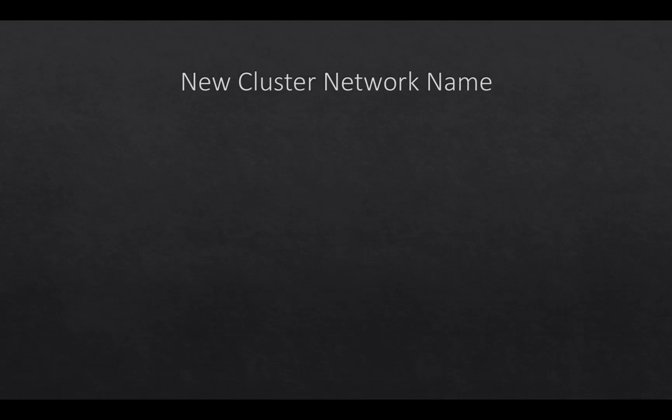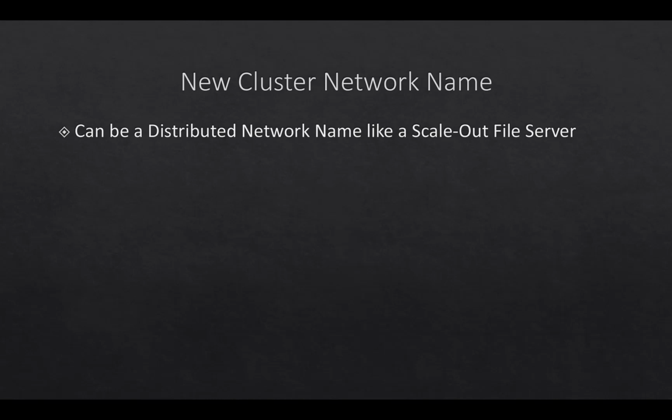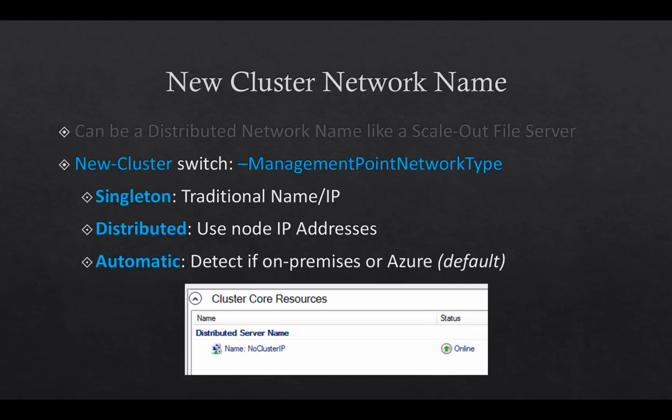First thing we want to talk about is the new cluster network name. It can now be a distributed network name, much like a scale-out file server. We added a new switch to the new cluster command, dash management point network type, with 3 options.